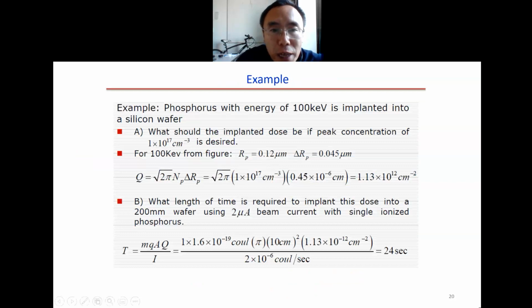And now we have one example here. In this case, we have the phosphorus. So there's sodium, magnesium, aluminum, silicon, phosphorus. You can see silicon is 14, phosphorus is 15. So they are very close, 14 and 15, atomic number.